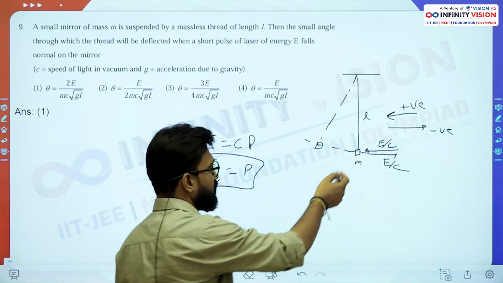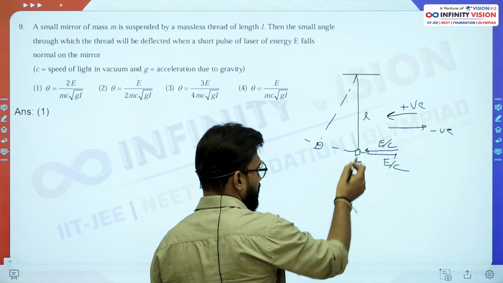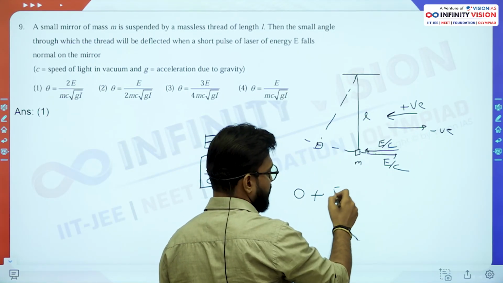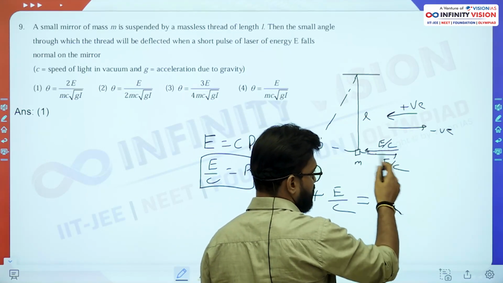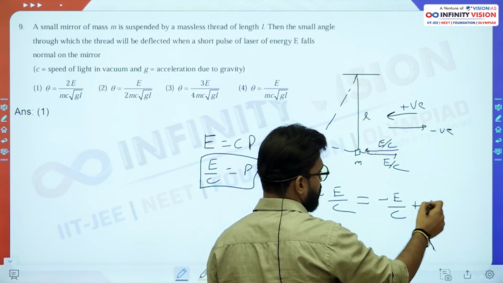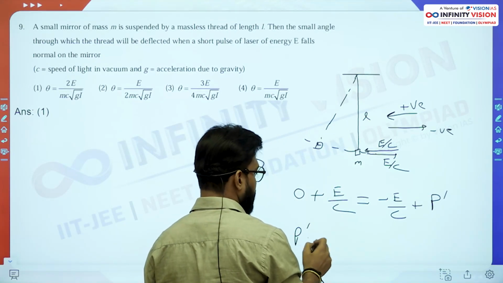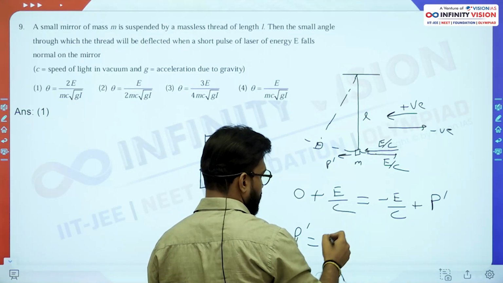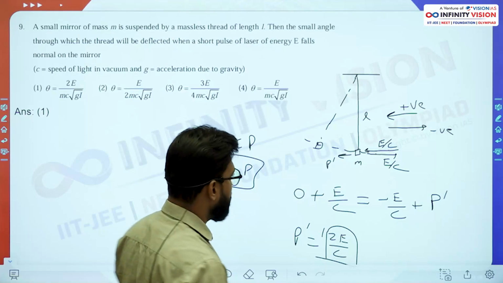Initially the momentum of the mirror was 0 and the pulse was coming in this direction, so the initial momentum is E by C. Finally, the final momentum of the laser light is minus E by C, and let the momentum of the mirror be P dash. So the final momentum with which the mirror will move is P dash, which is 2E by C.